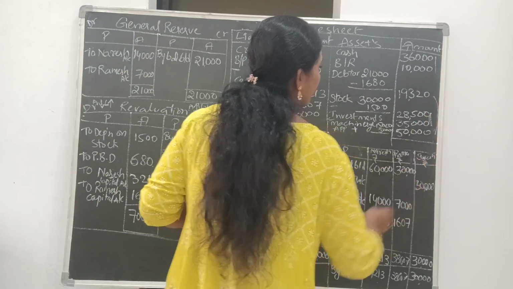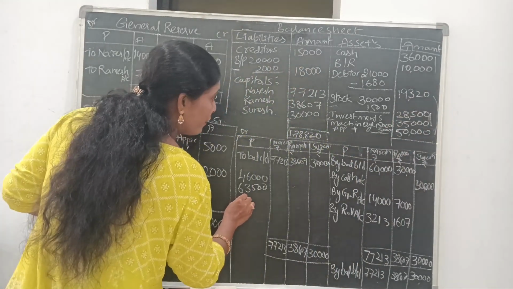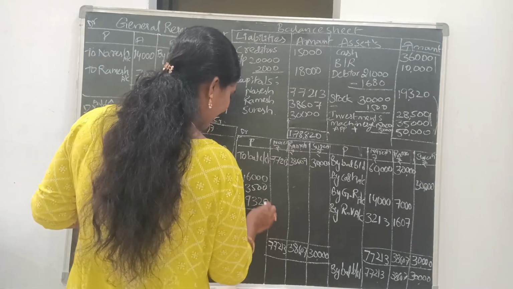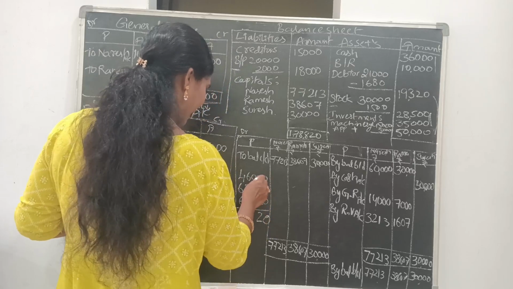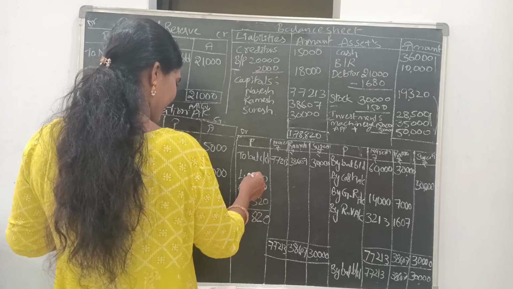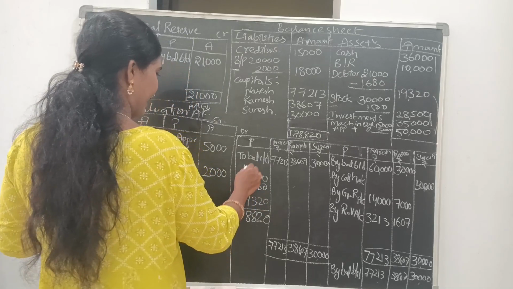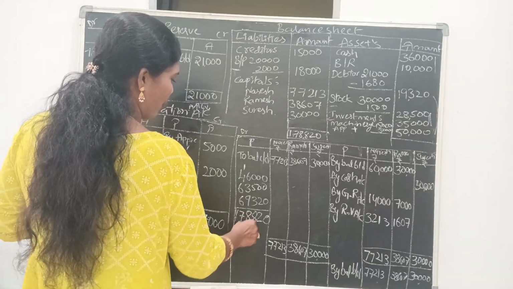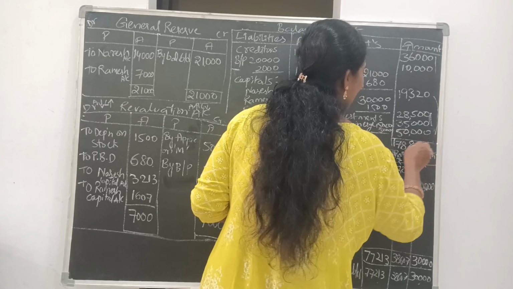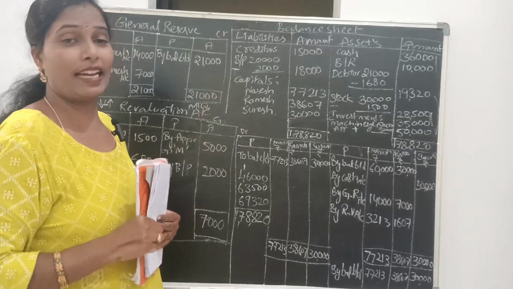Then these two, 50,000 and 69,320. So 1,78,820. So our balance sheet got tallied.